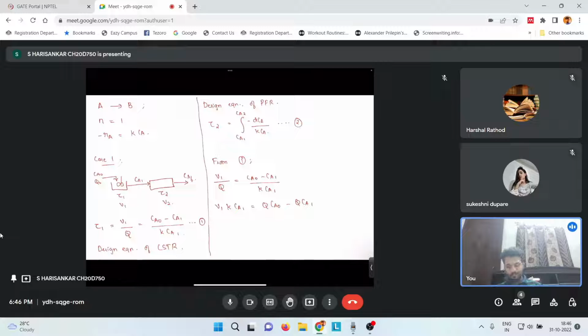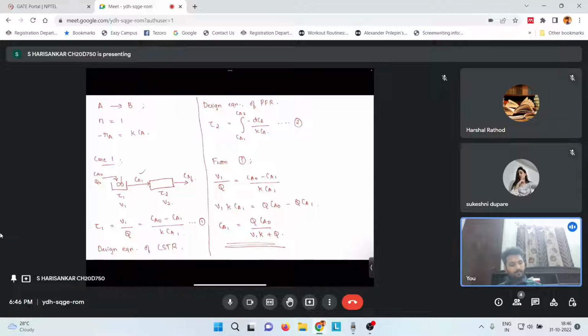From this we can write Ca1 will be equal to Q Ca0 by V1 K plus Q. So this will be the equation of Ca1, which is the intermediate concentration here. We can simplify this a bit more.